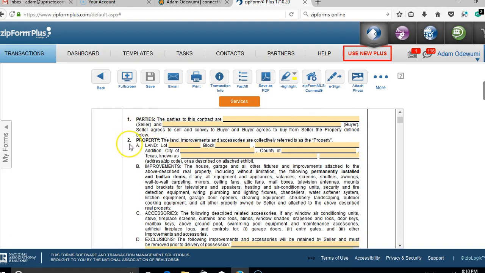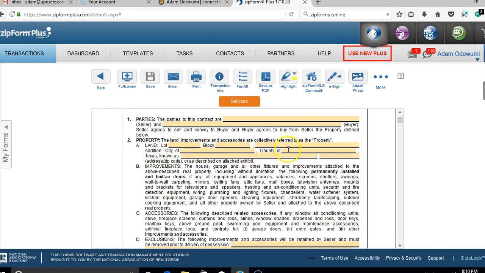Two, property. It talks about land, improvements, accessories, and exclusions. So land, what does that mean? Where is the property located? What's the common address? Depending on the county and the state, you're going to put something for lot, block, and so on.